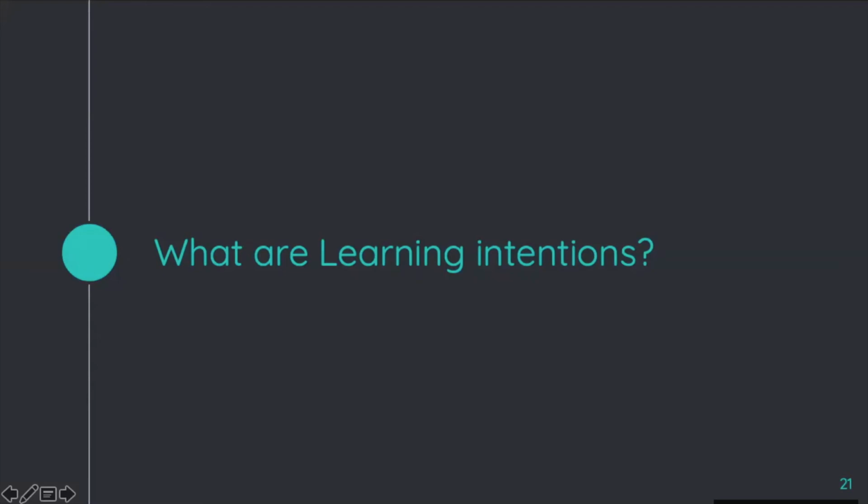Team 3, who's the spokesperson? I think that's me. Yep, Khalid, go. So as my previous colleague says, learning intention is basically what learners should know, understand, and grasp during a teaching session. Because learners learn more effectively when they know where they are heading during the session, like the purpose of the session.